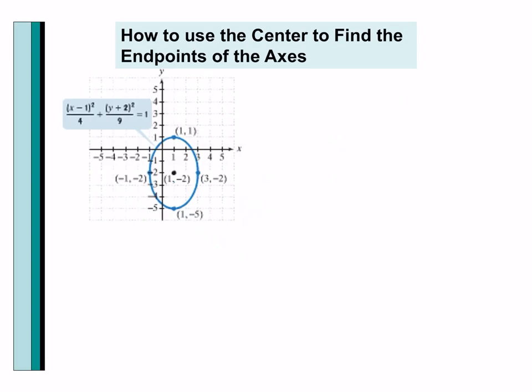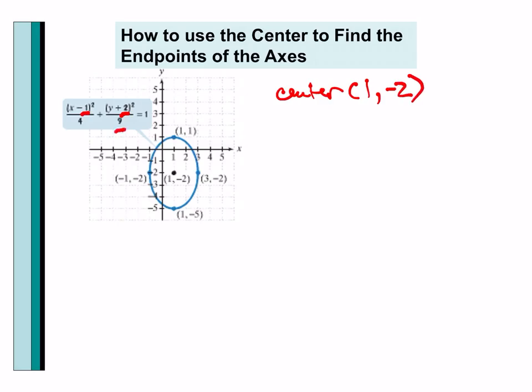So let's look at this one. x minus 1 squared over 4 plus y plus 2 squared over 9. So we have minus 1 and plus 2, so that gives us our center at 1, negative 2.